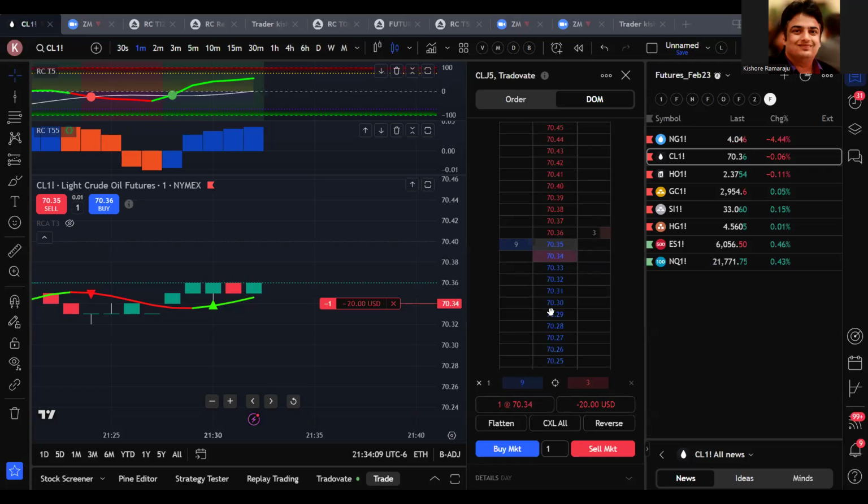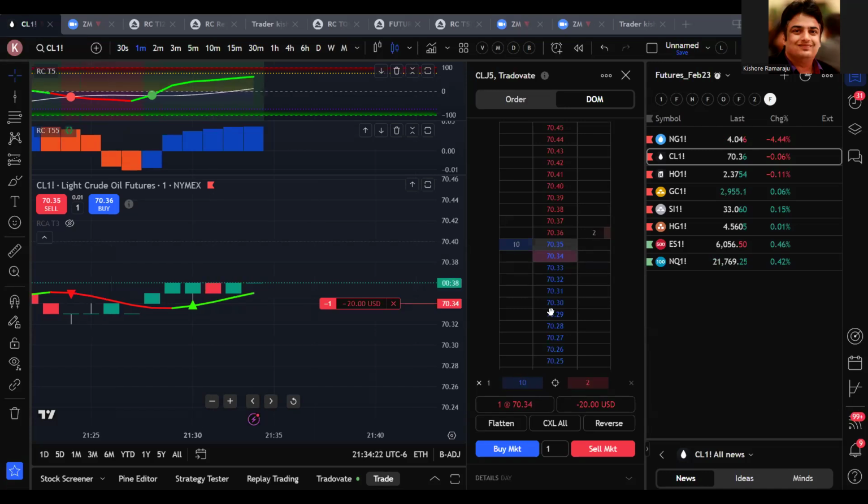Yeah, we'll see in tomorrow's setup session. Yeah, prop firms will make payments even if you do $40, $50.